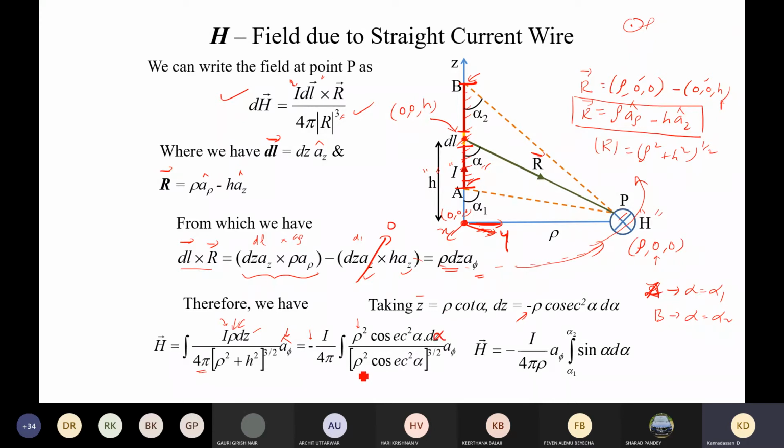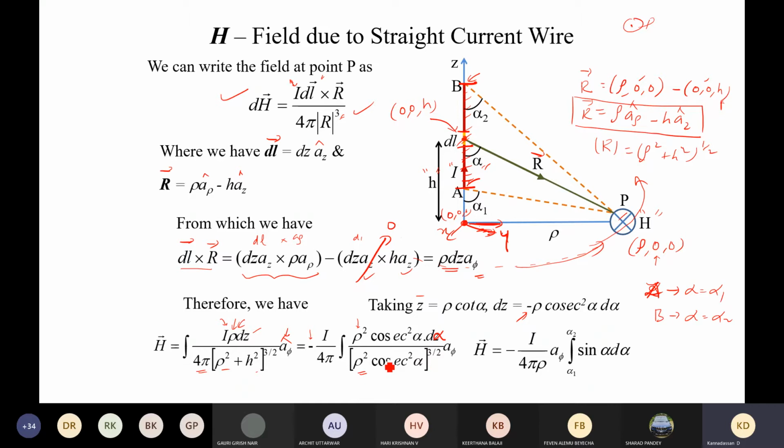And then in the denominator, we are going to put the magnitude. That magnitude you can easily calculate by calculating this total. By the way, you can get this rho square plus h square as a simple trigonometry formula. When you work out, you will get rho square cosecant square.